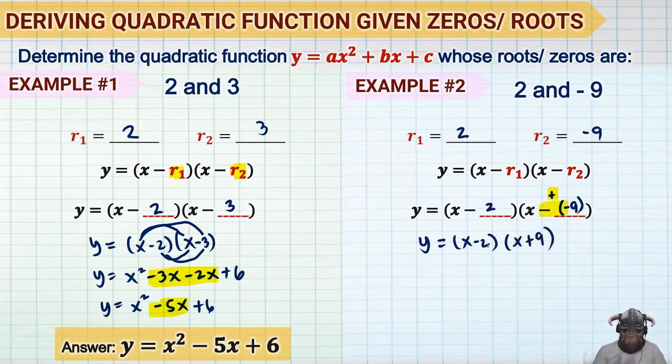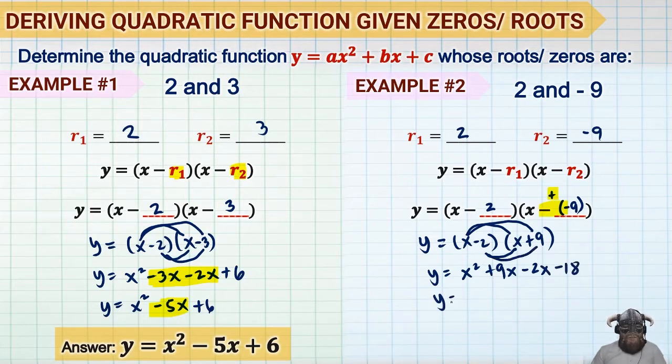From there, once again, we'll just need to do FOIL. So, x times x. Let's write first, y is equal to x times x is x squared. Then, x times positive 9 is plus 9x. Then, negative 2 times x will be negative 2x. Then, negative 2 times 9 is negative 18.